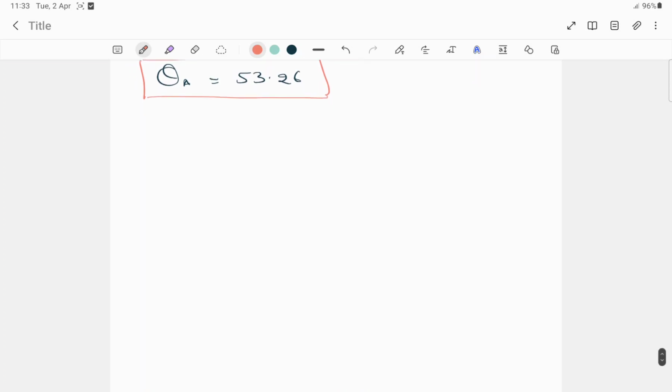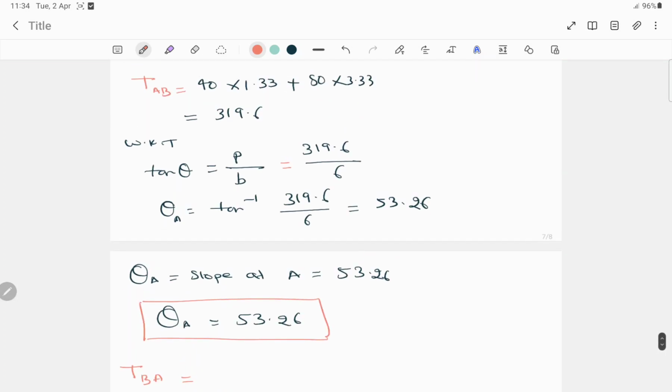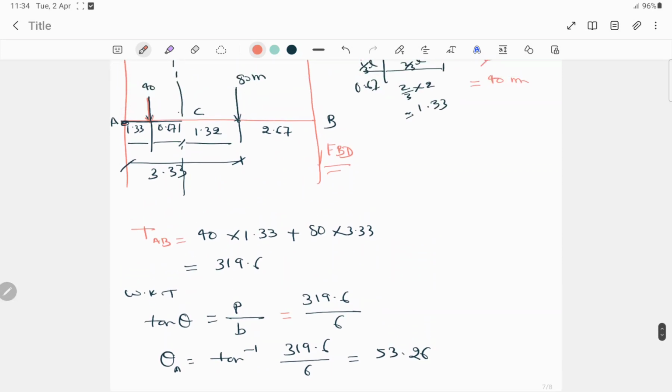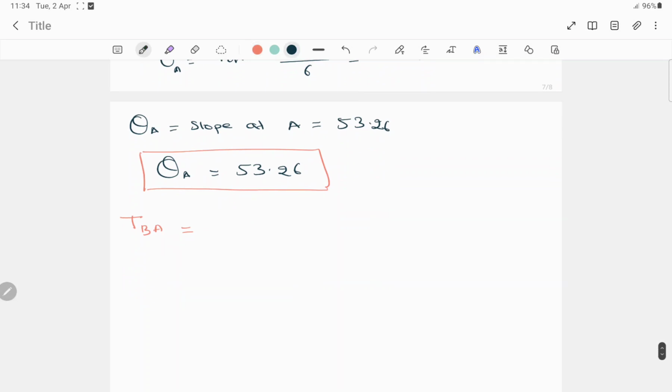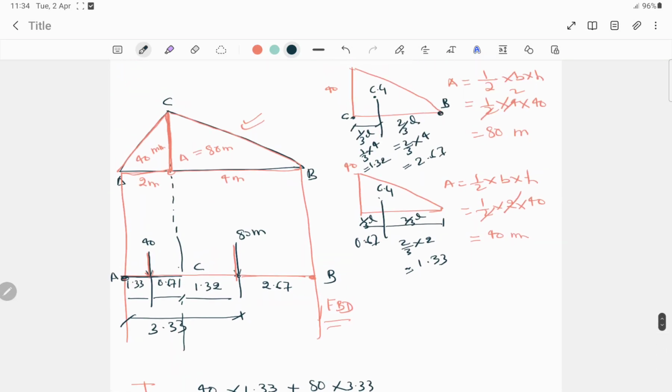So again we have to draw the same, that is TBA. TBA is equal to, now just see the free body diagram here, all the force will go this side, so it will be 80 into this distance, right? So write 80 into 2.67 plus, again see, 40 into this distance.